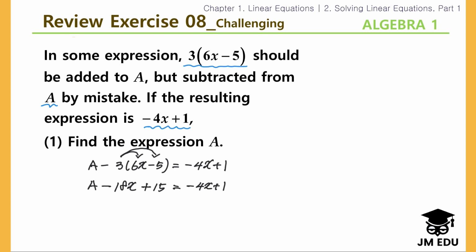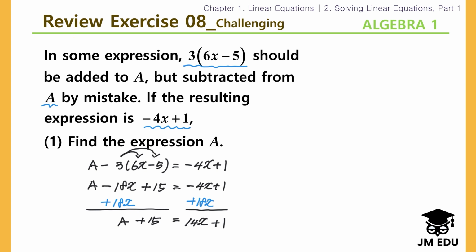Now what I'm going to do is eliminate negative 18x and plus 15. So first, add 18x here, right? Then we will have a plus 15 is equal to negative 4x plus 18x, that's positive 14x, plus 1.